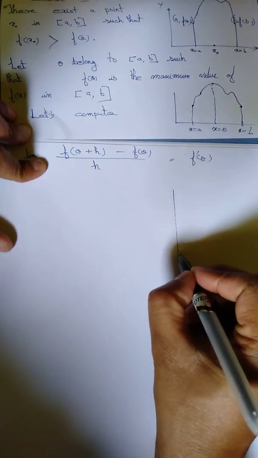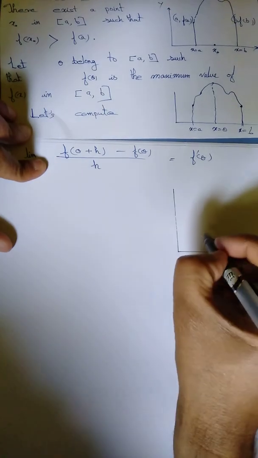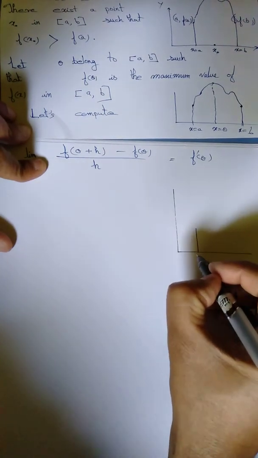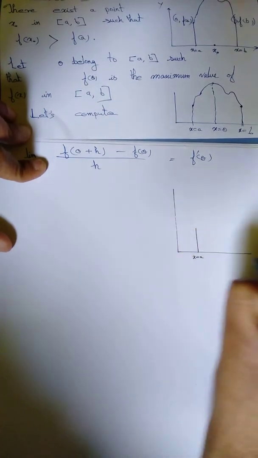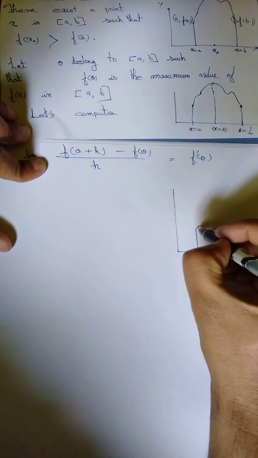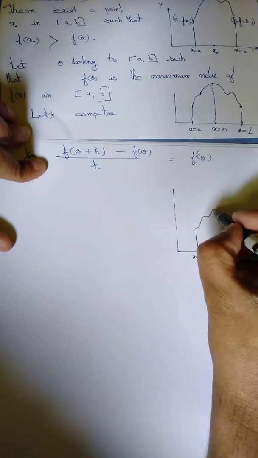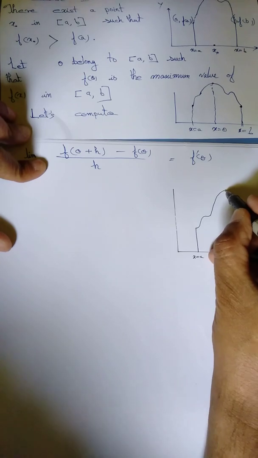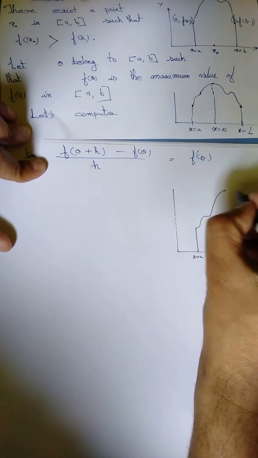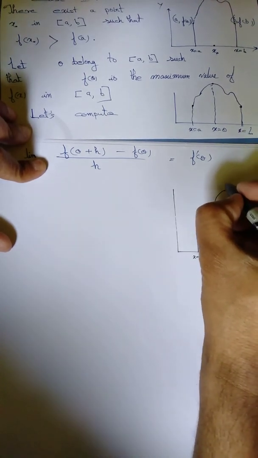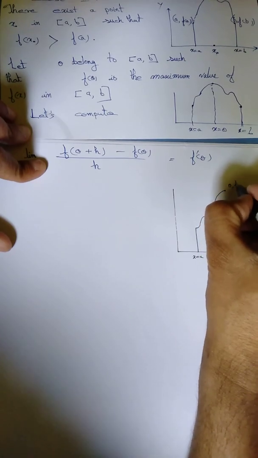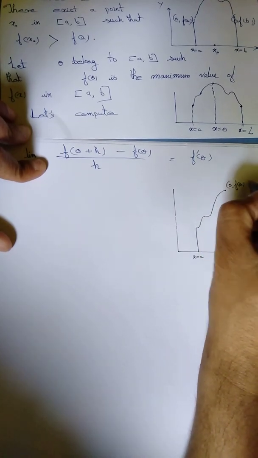So we draw the graph once again. x equal to a here. We don't care whatever be the shape of the graph, only what we care is, well, f theta is the greatest possible height.